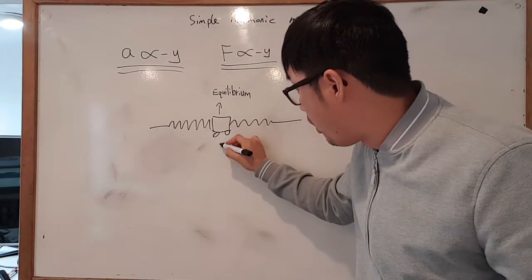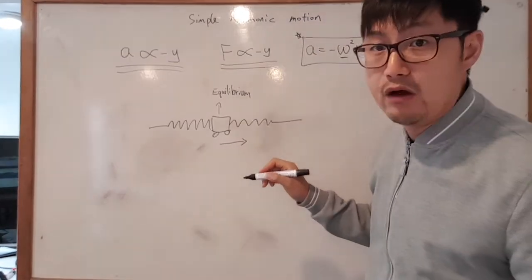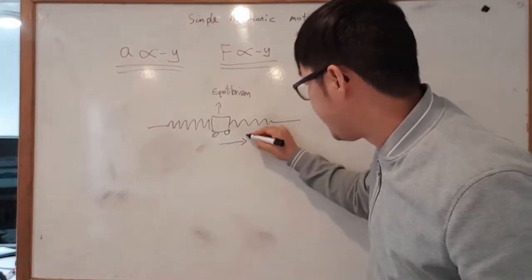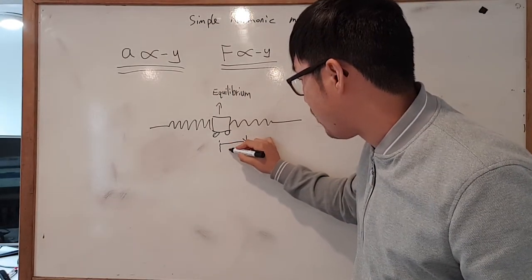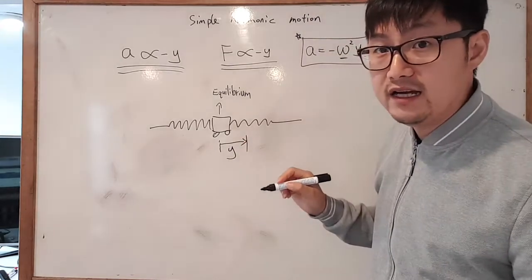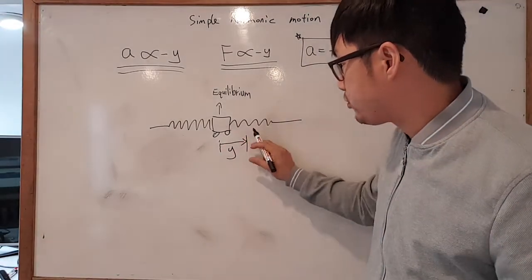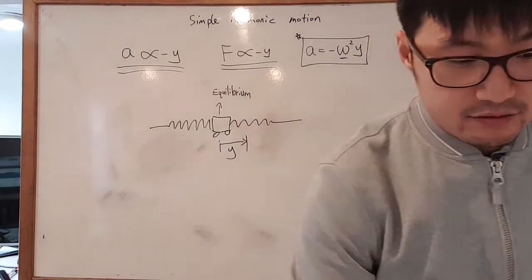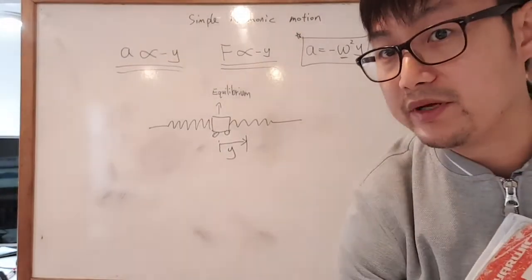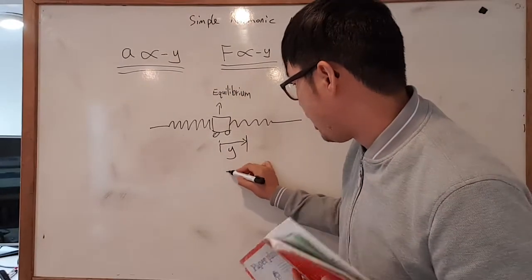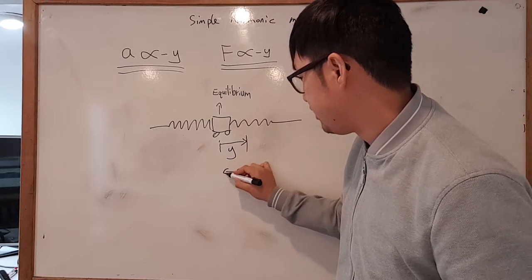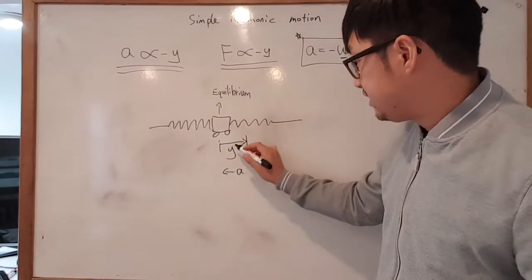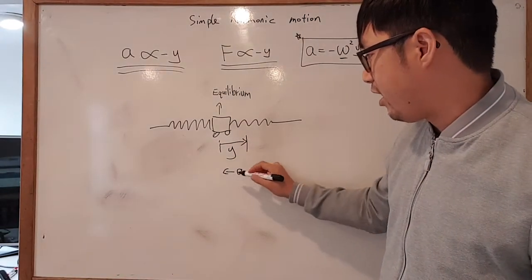Once you pull it to the side, it will start to have a displacement. Say this is the displacement y. Once you pull it to the right, what is the direction of acceleration? The acceleration will be going to the left. So this object has an acceleration going to the left, and you can see the directions of these two are opposite, right?